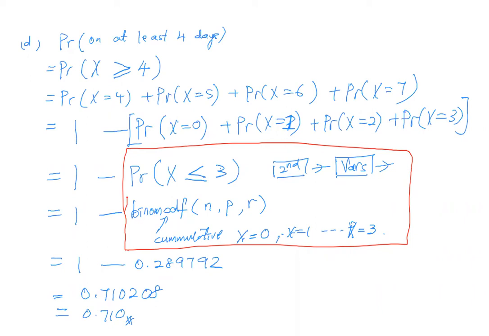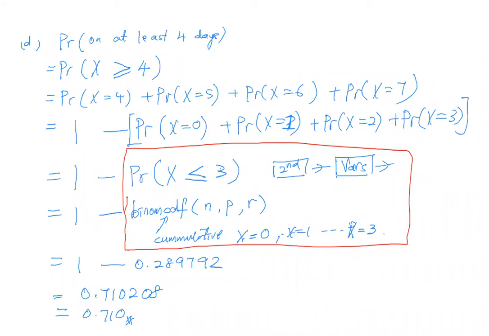Yes? I put X value as 3, right? You don't get this? I always get an error value. What do you mean you get an error? Okay. When you use your binom, second distribution, do you go to binom CDF or binom PDF?